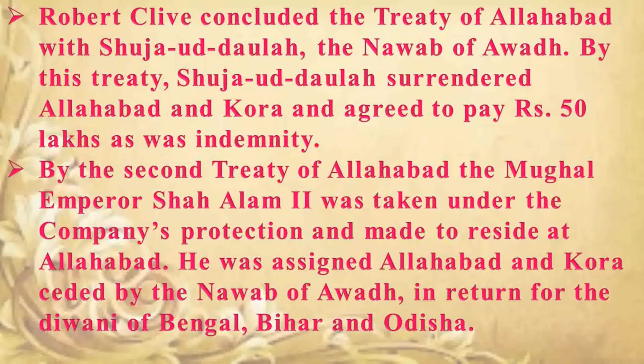By the Second Treaty of Allahabad, the Mughal Emperor Shah Alam II was taken under the company's protection and made to reside at Allahabad. He was assigned Allahabad and Kora, ceded by the Nawab of Awadh, in return for the Diwani of Bengal, Bihar, and Odisha.